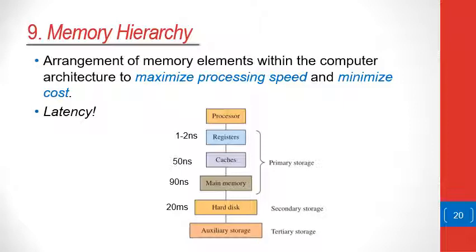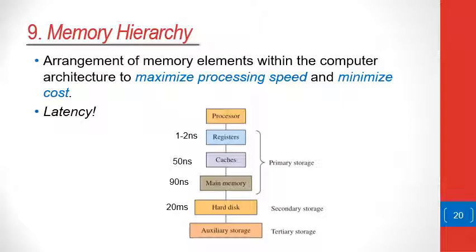So ideally you would want to process your programs just using registers, but registers are expensive, so you put a limited number of registers, and then you augment them with cache memory, whereby you put data that you may not require as frequently. And then you do that with the main memory and hard disk, because they come at a cheaper price than the memory in the registers itself.